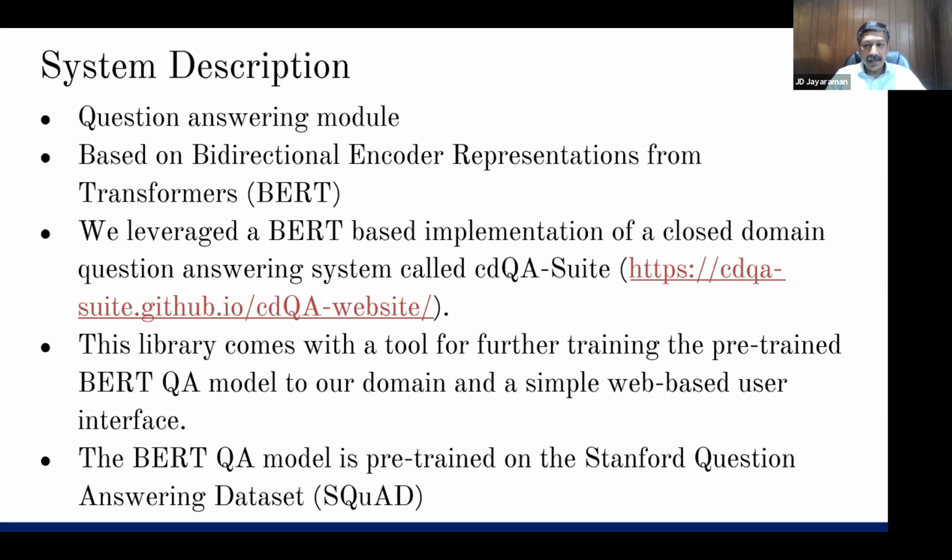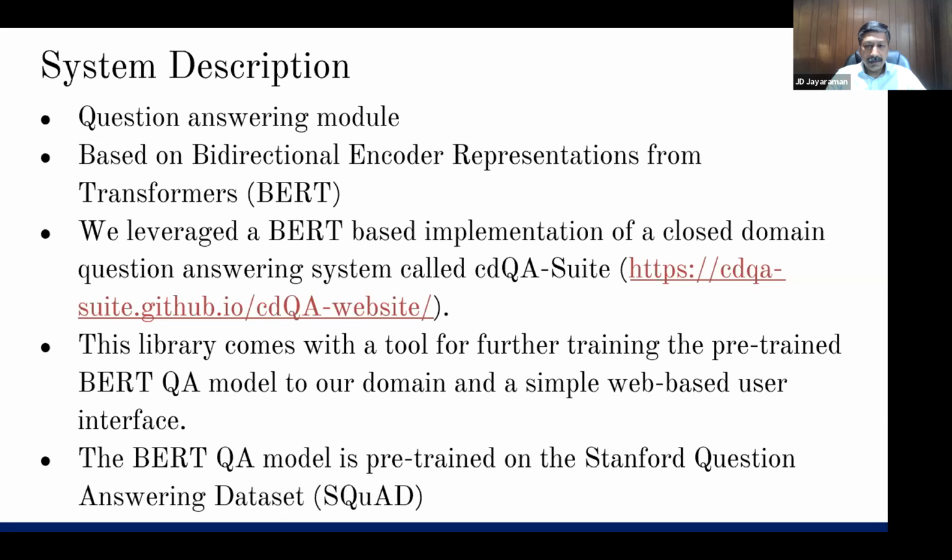So the question answering module is based on the popular state-of-the-art NLP, natural language processing model from Google, which is called BERT. And I guess now there are even more powerful models that have come out, but BERT is still a very heavily used NLP language model. And we leverage the BERT model in building this system.